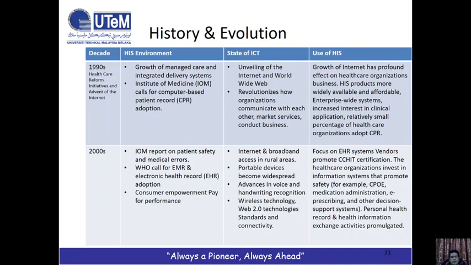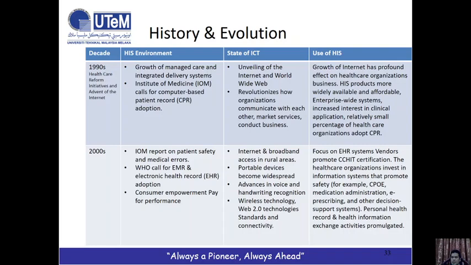So in the year 2000 and above, the 2000 decade, internet and broadband access in rural areas is normal. I think it is the same in Malaysia. In year 2000, internet broadband was already installed in certain rural areas. And portable devices became widespread, for example smartphones.